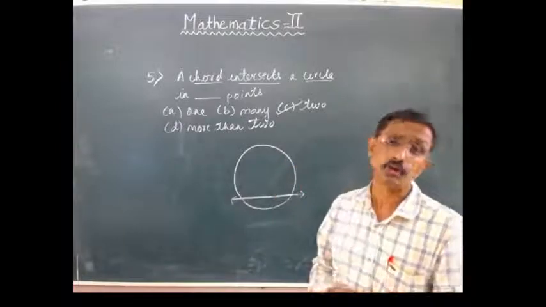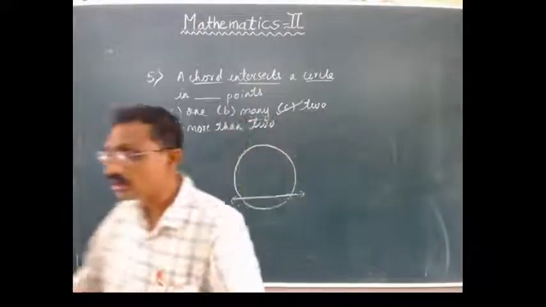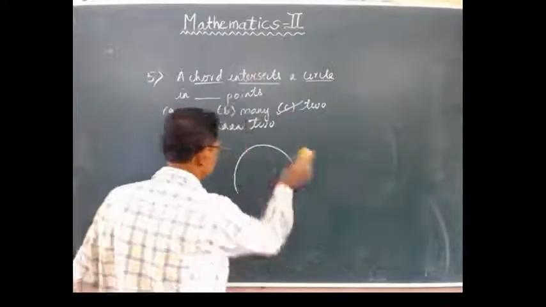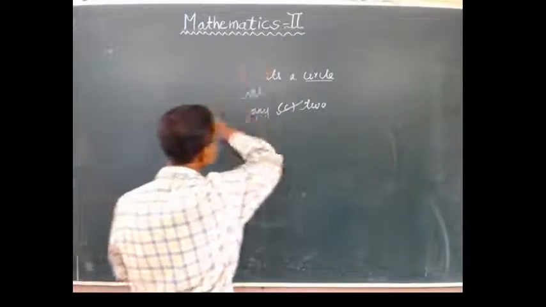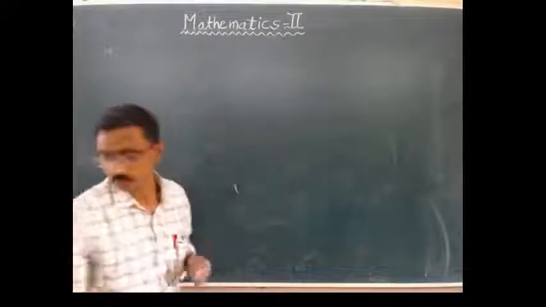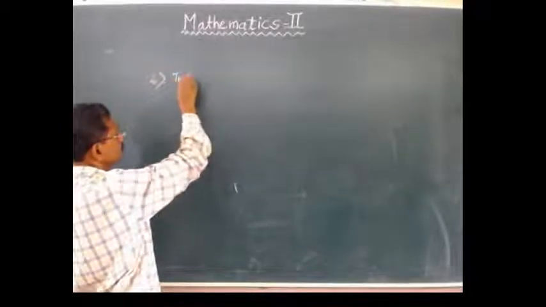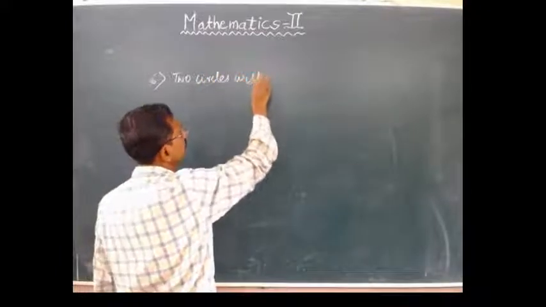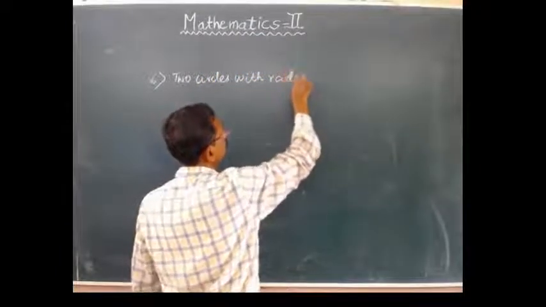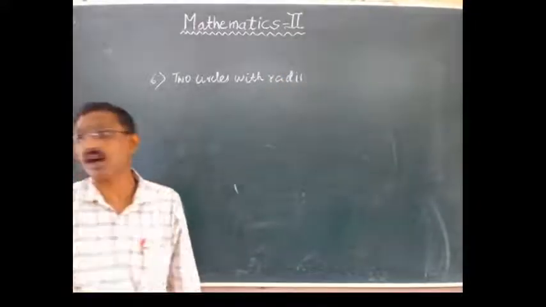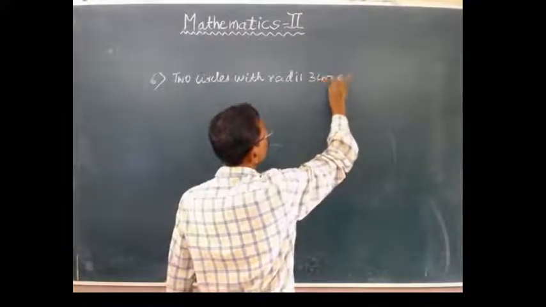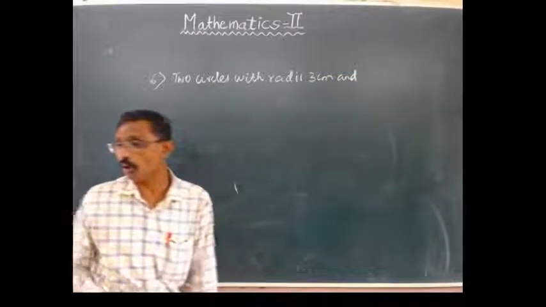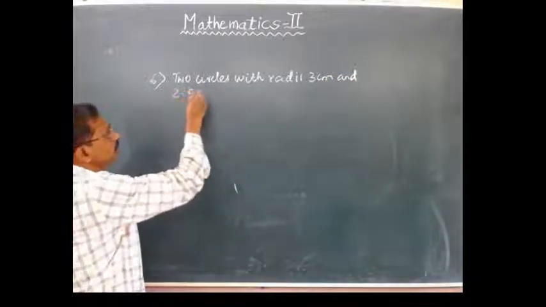Okay, so let's move to our next question. What does the next question say? Two circles. The radii are given to me as 3 centimeter and 2.5 centimeter.